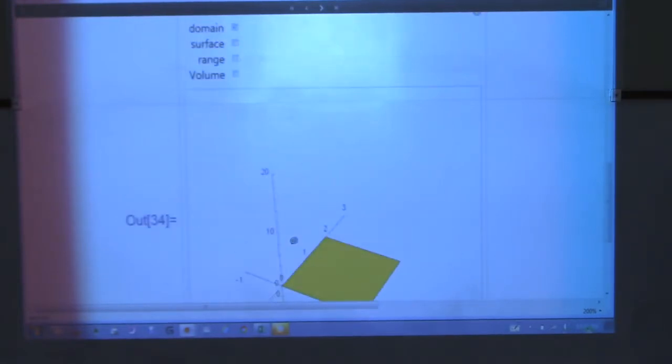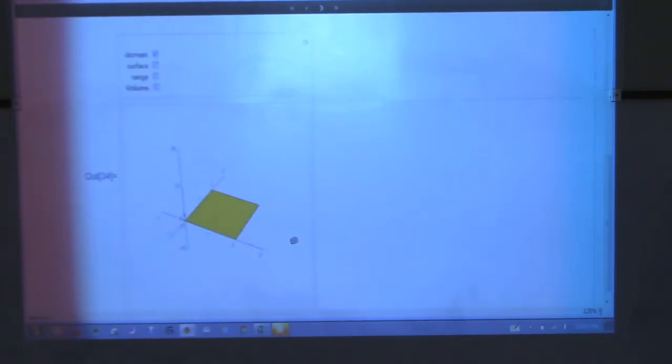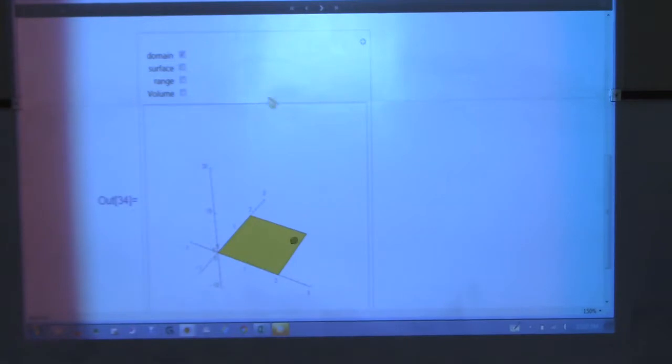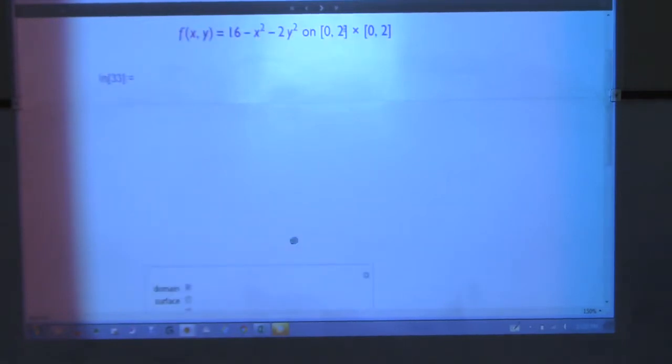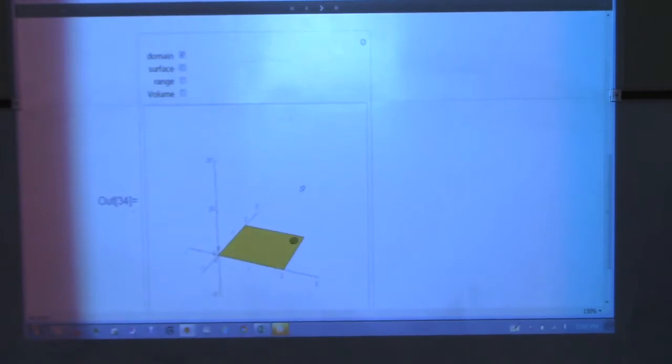I've got a nice picture here for you. 0, 2, 0, 2 is all x values between 0 and 2, along with all y values between 0 and 2, and it gives you that little box on the ground, right? I'm taking those, and then I have a surface above this.